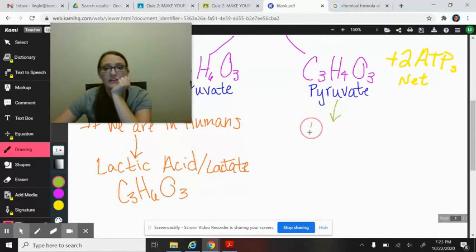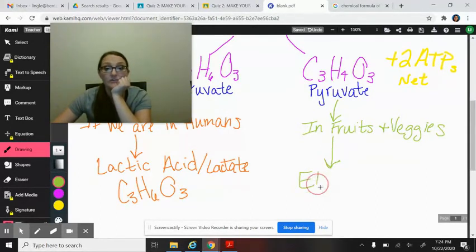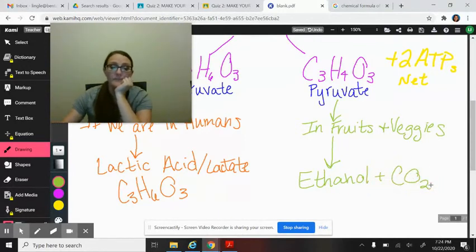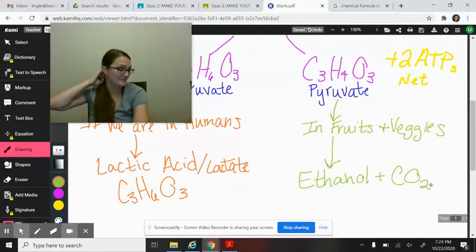So in fruits and veggies, that'll be a good example, right? What happens then if oxygen is not present is that you make ethanol and carbon dioxide. So what do I mean in fruits and vegetables?